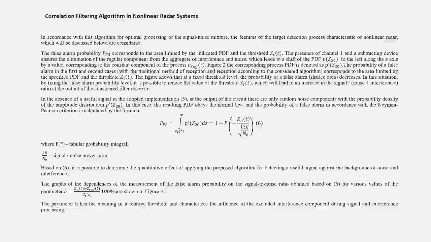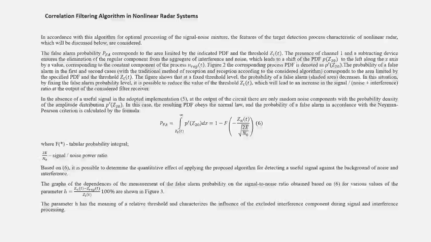In the absence of the useful signal, the adopted implementation is from formula 5. At the output of the circuit there are only random noise components with the probability density of amplitude distribution p(z|0).